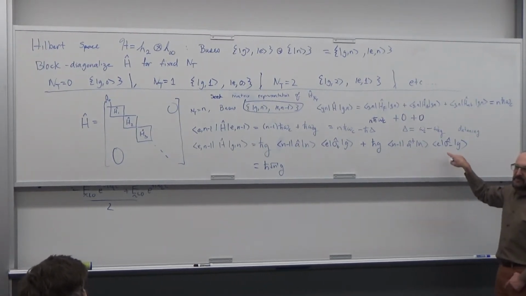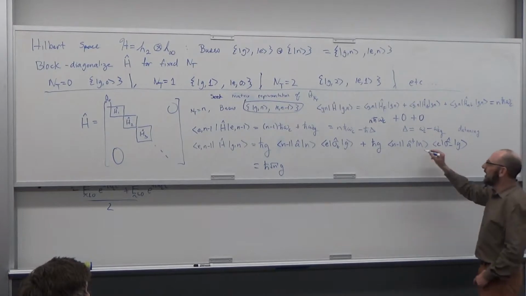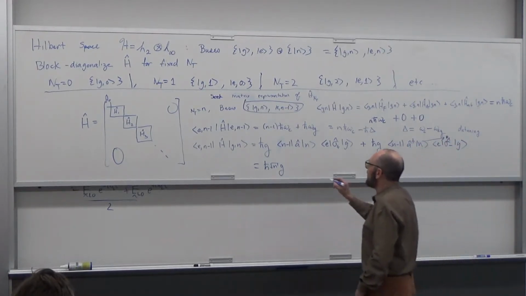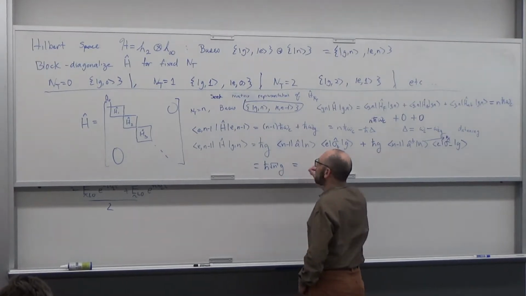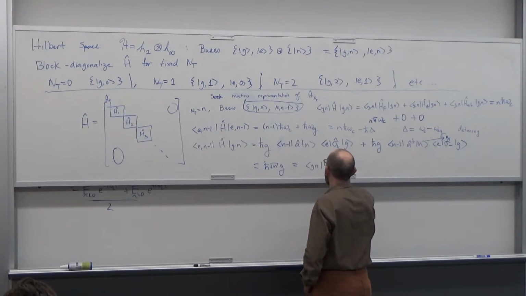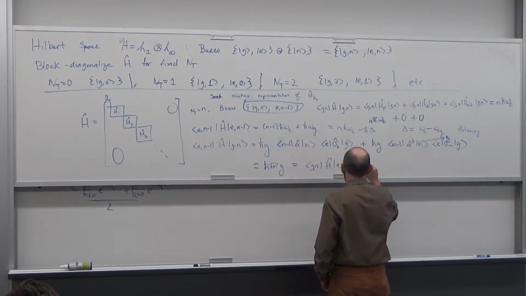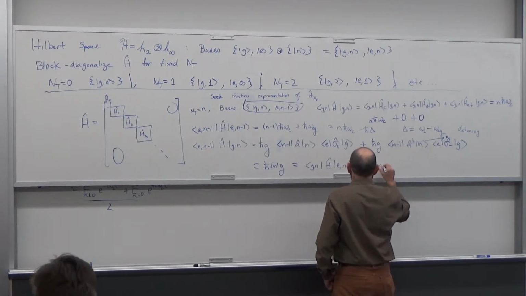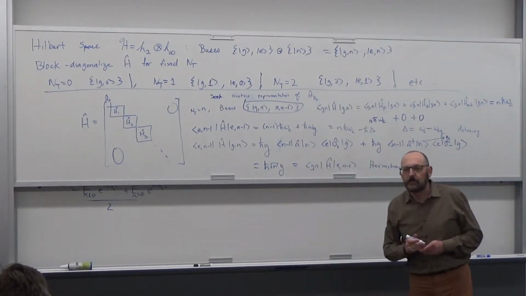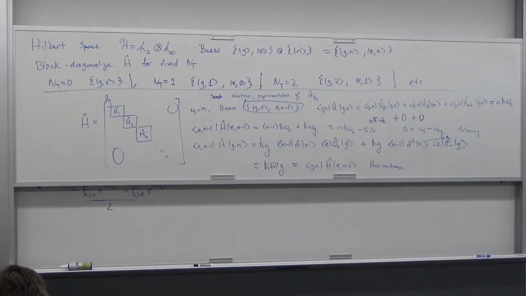So I didn't really have to write this term down, because it's clear that sigma minus doesn't do anything to that zero. So this matrix element is that, and that's equal to, since this is all real, the other off-diagonal element, because it's a Hermitian operator. Okay. All right.